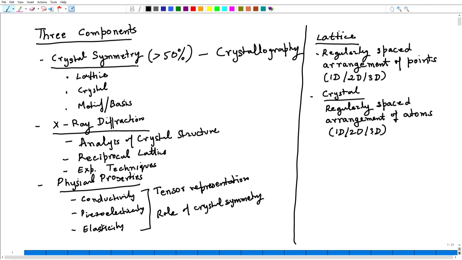Now, if I look at these two definitions here, the only difference you find is that in the case of lattice, it is points, in the case of crystal, it is atoms. And because of such a similar definition, this produces a lot of confusion as well as misconceptions.